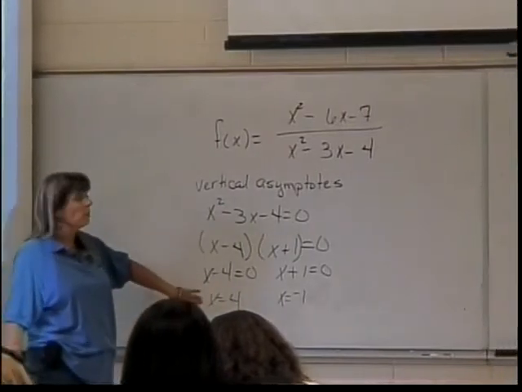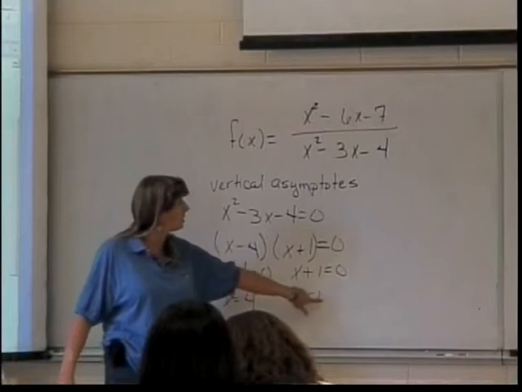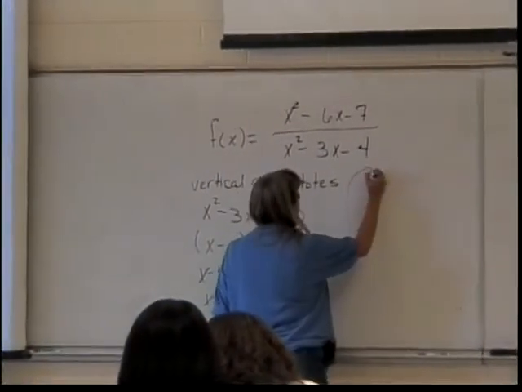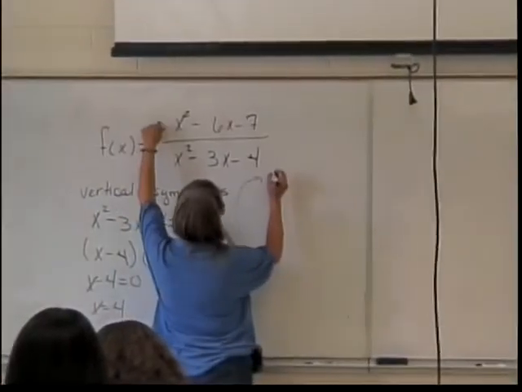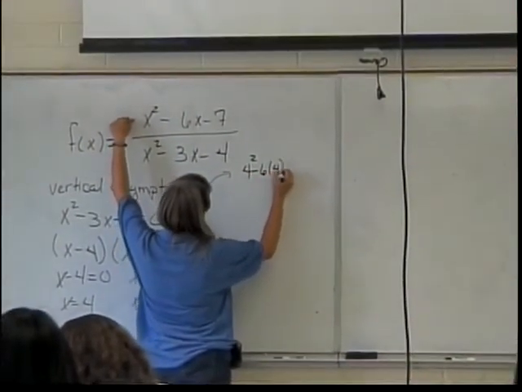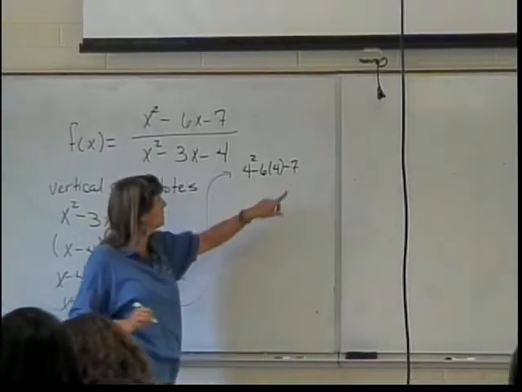Because this is only going to be a vertical asymptote if the value of x does not make my numerator 0. So I have to plug it back in. I plug 4 into my numerator: 4 squared minus 6 times 4 minus 7, that's 16 minus 24 minus 7, that's not 0.